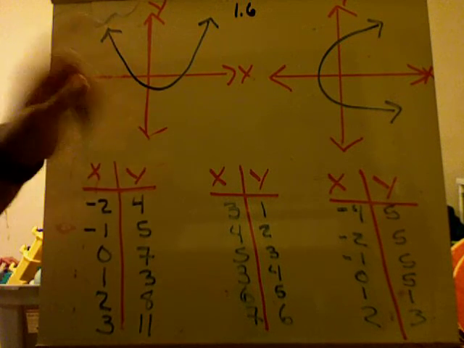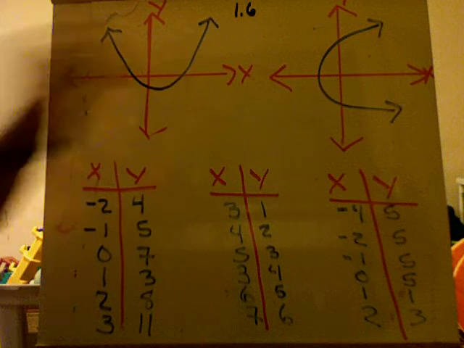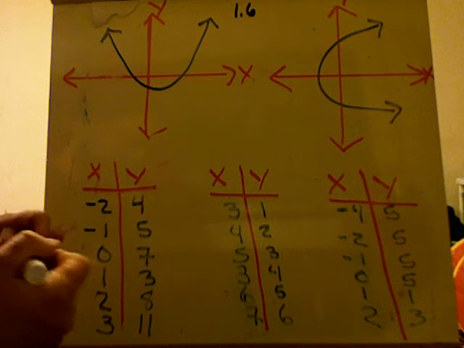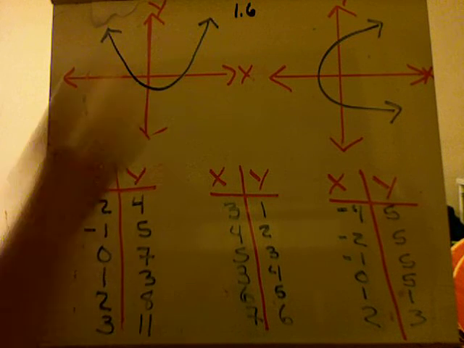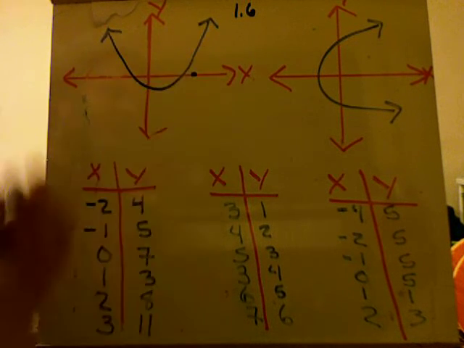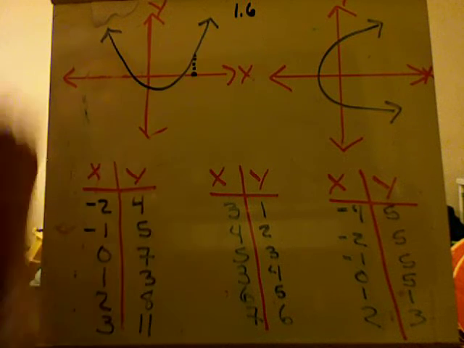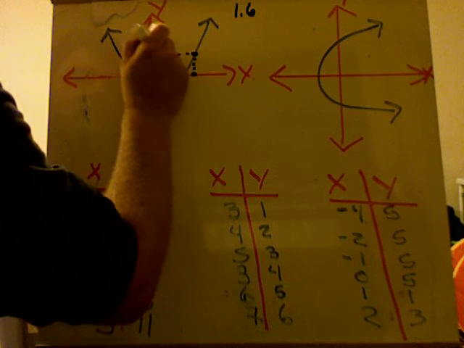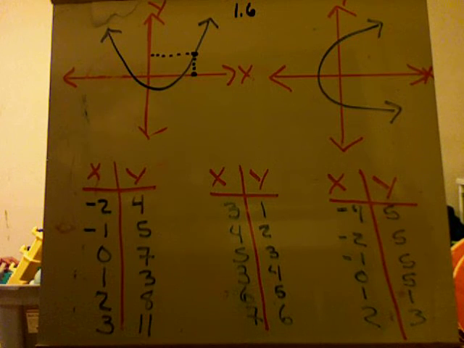So the idea is for every one input, there's one predictable output. For example, if I input some value here on the x, it better give me only one possibility on the y. And what we can do is this thing called the vertical line test.